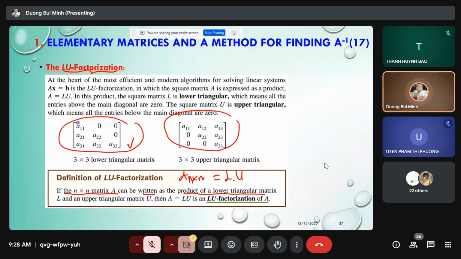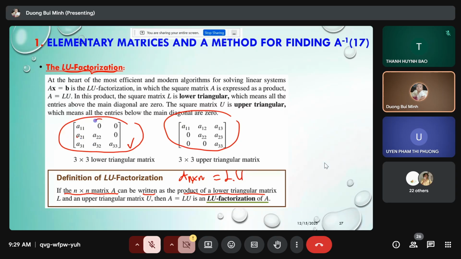So this one we say is a triangular matrix, right? Lower, because the elements below the diagonal can be non-zero values or zero values. That's okay, this is random.